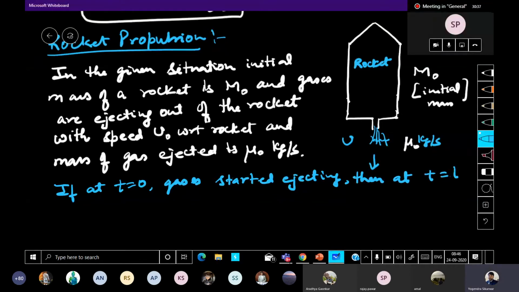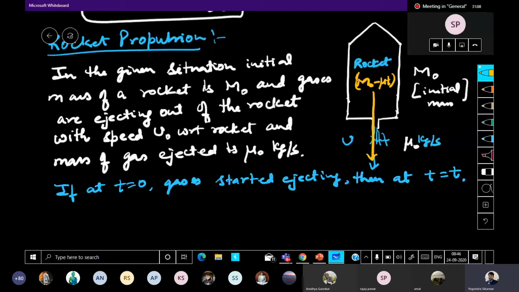at t equal to t, everyone please pay attention. Initial mass is m naught, correct? How much gas is being ejected every moment? mu kg per second. Correct. So after time t, how much mass would have been ejected? The mass of rocket left will be m naught minus mu t at time t.